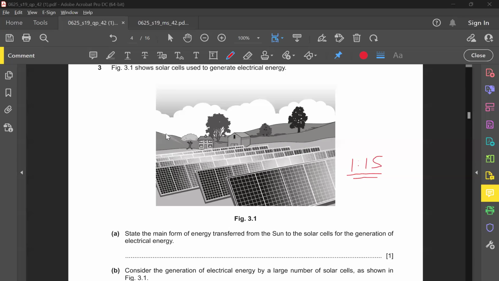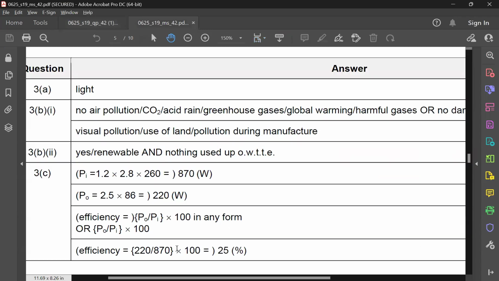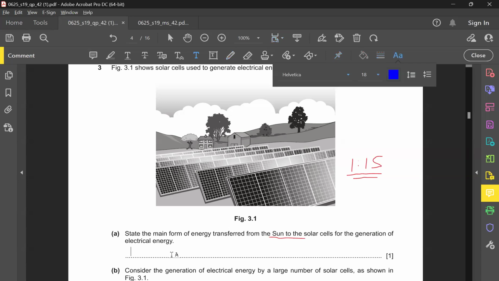Okay, state the form of energy transferred from the sun to the solar cell. It should be solar, right? Like light energy.